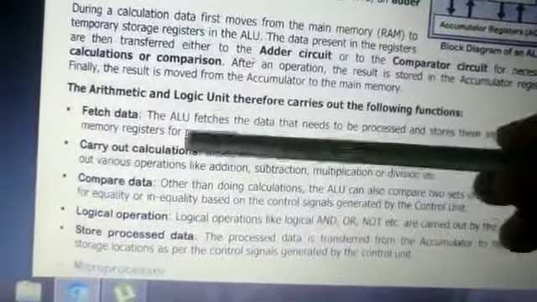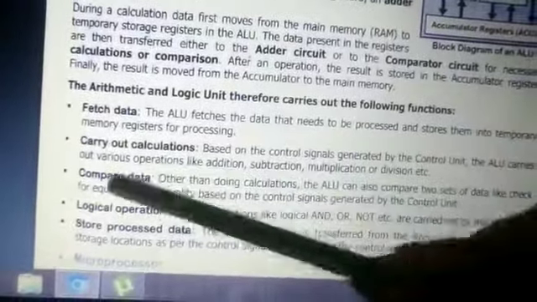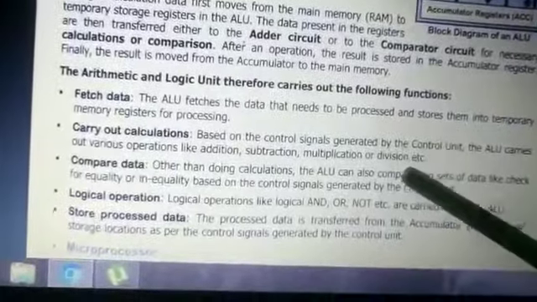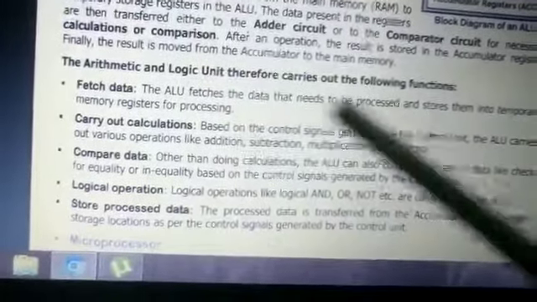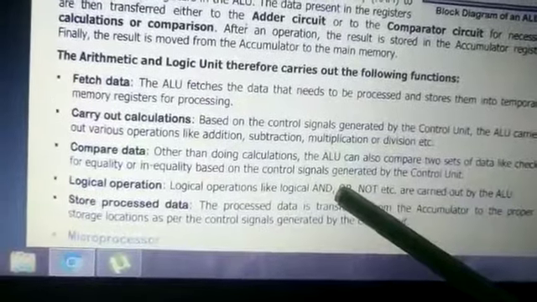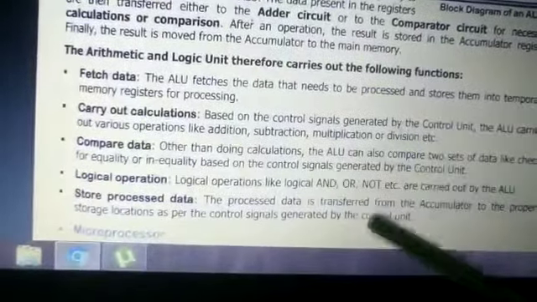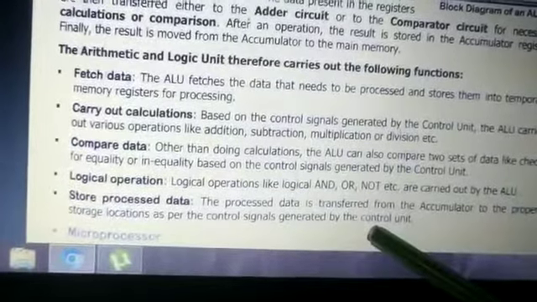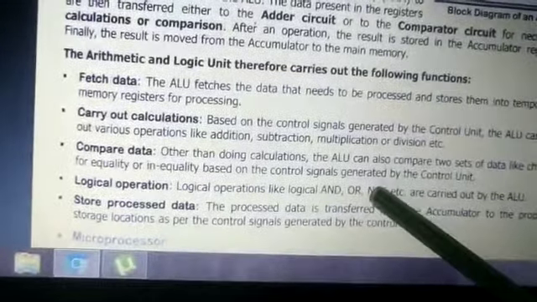Either normal subtraction or they will compare the data. After comparison there can be a logical operation, that is AND or OR, checking whether both conditions are true or not, or checking the OR operation.